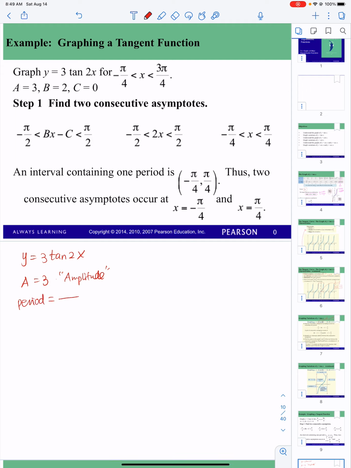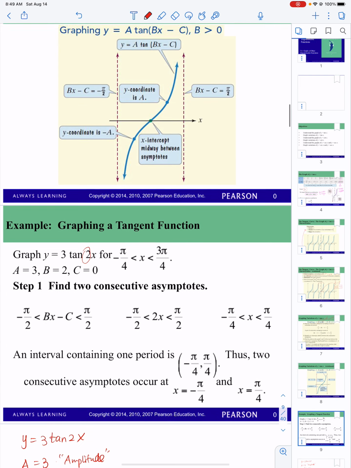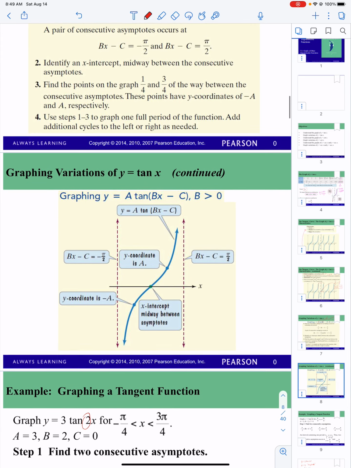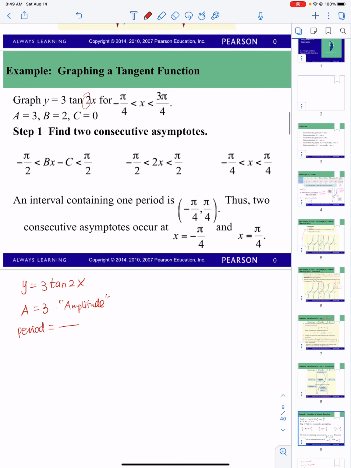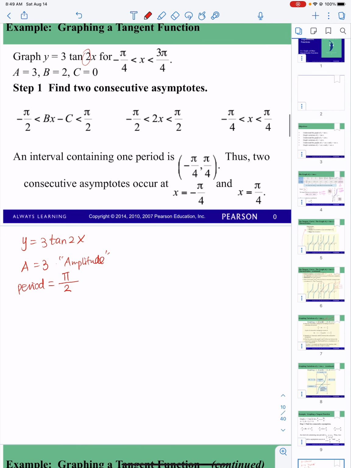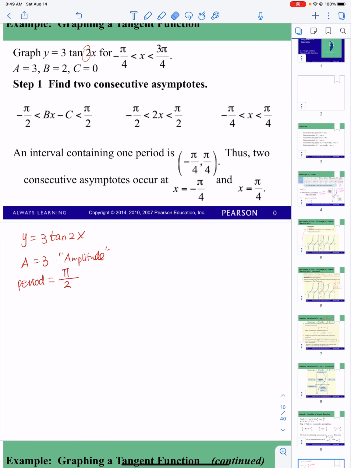It's not 2 pi divided by B anymore, because for sine and cosine the period is 2 pi. But for tangent and cotangent, the period is pi. So it's pi divided by B, so pi divided by 2. Now how could I sketch the graph?